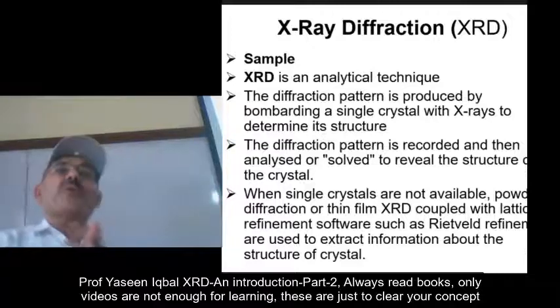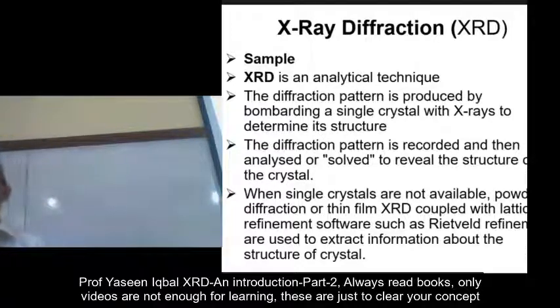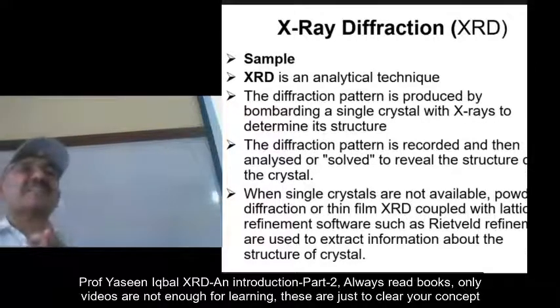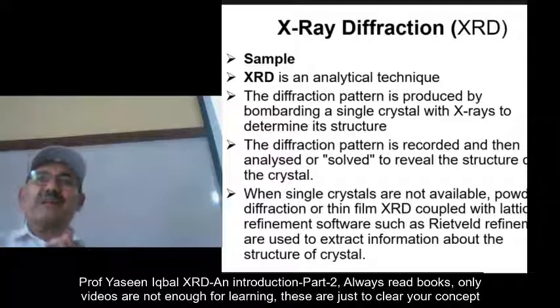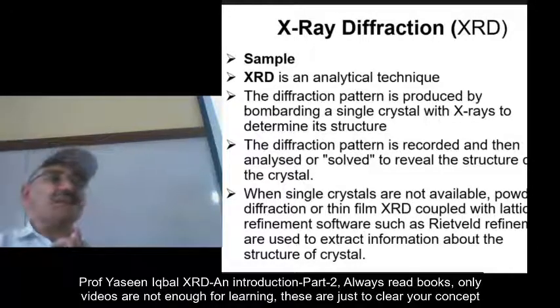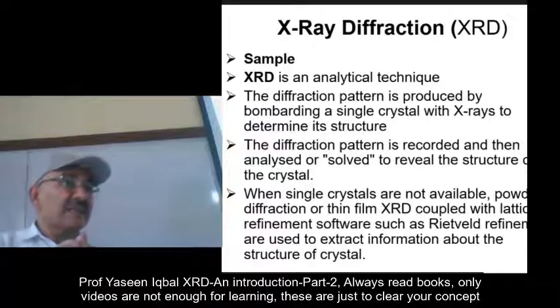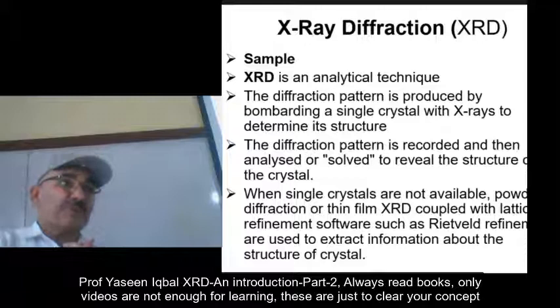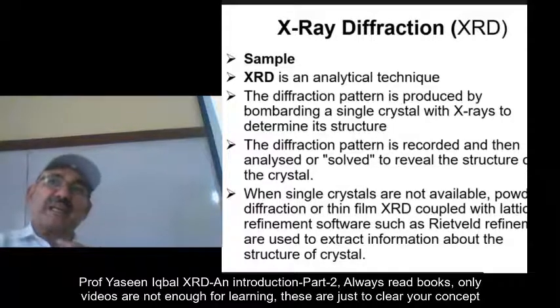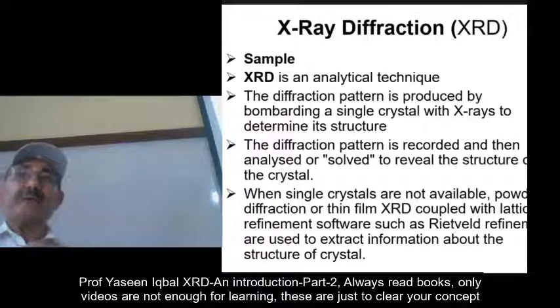These cards have the volume of the unit cell. They have the crystal system, whether it is cubic or rhombic, tetragonal, triclinic, or whatever crystal system it is. Then they give the space group in which it can be placed.